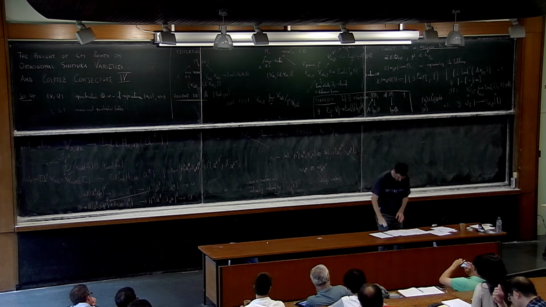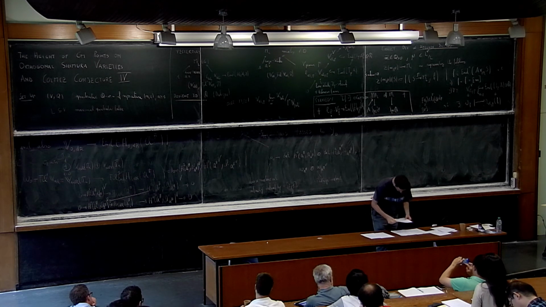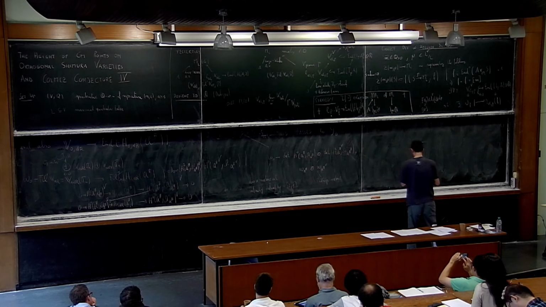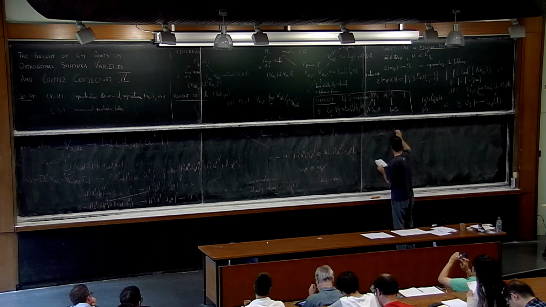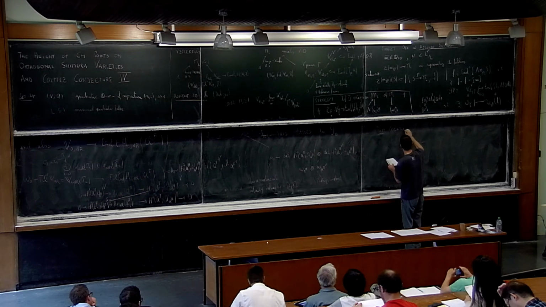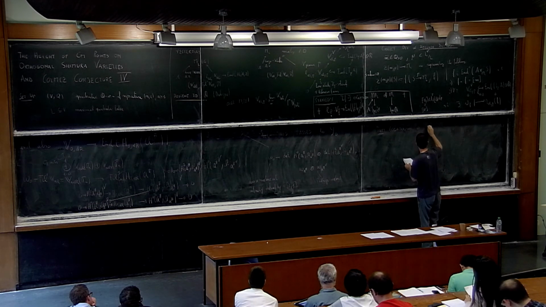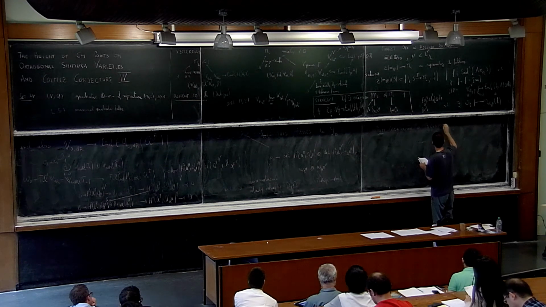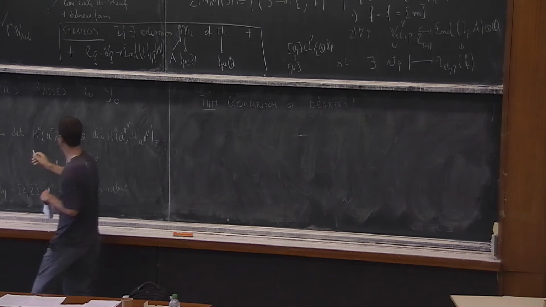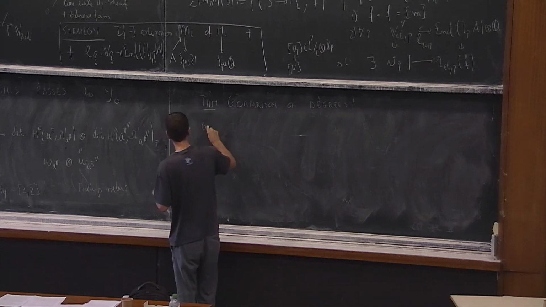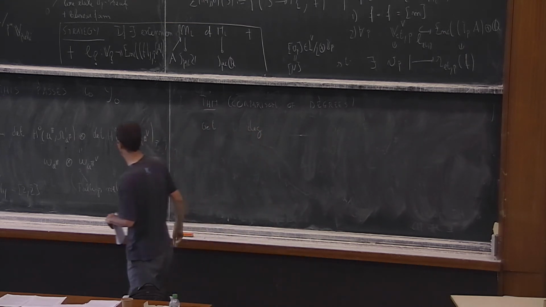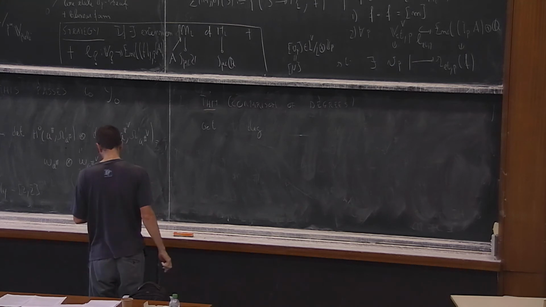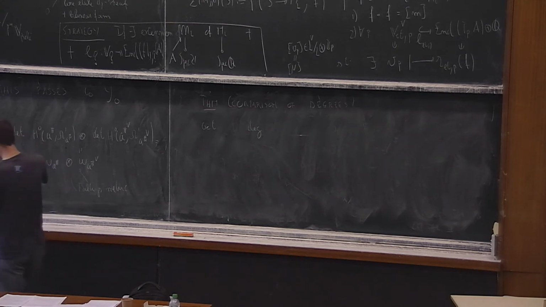So, theorem: comparison of degrees. So this map here, so we get that, I think I forgot here, right?